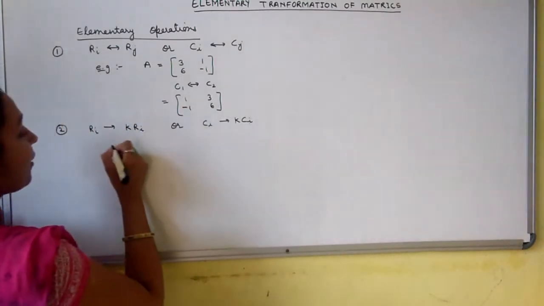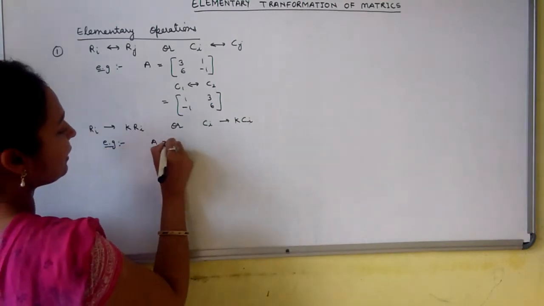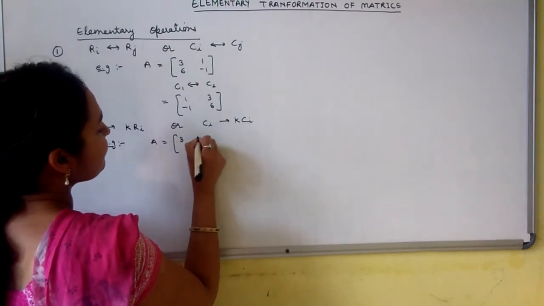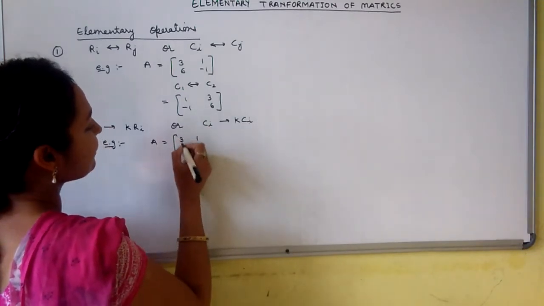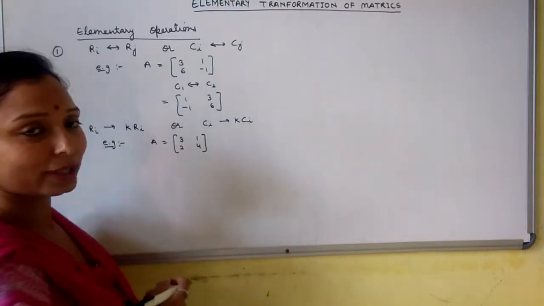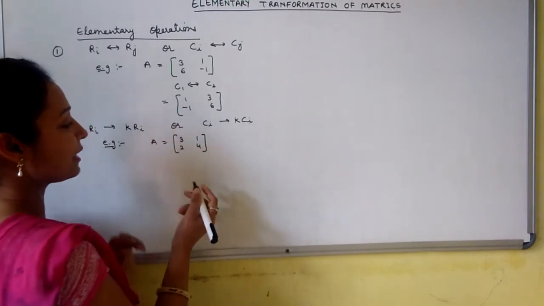For example, we have 3, 1, 2 and 4. I want 1 in this place.